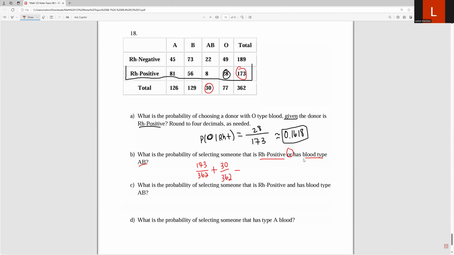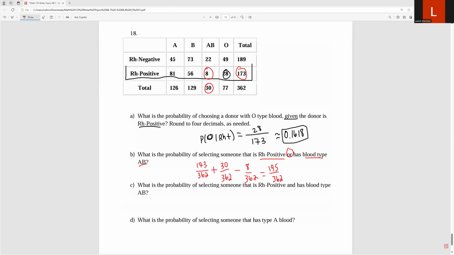We had a row and a column, so we definitely overlapped. We double counted those 8 people in that overlapping part. So we have 173 plus 30 minus 8. That's 195 over 362, and then I need to turn that into a decimal.